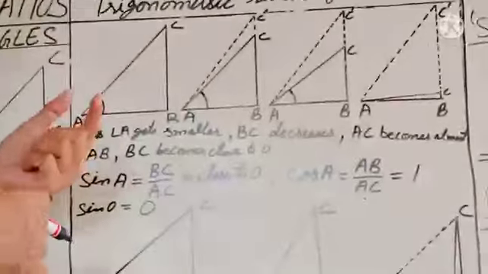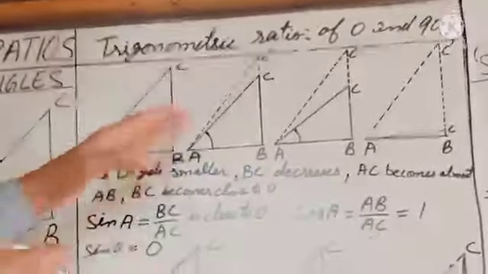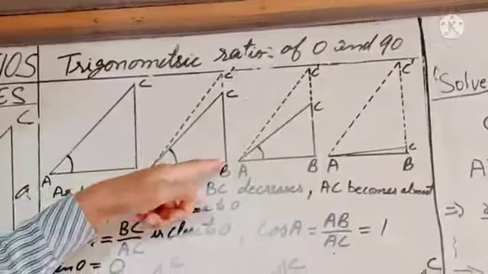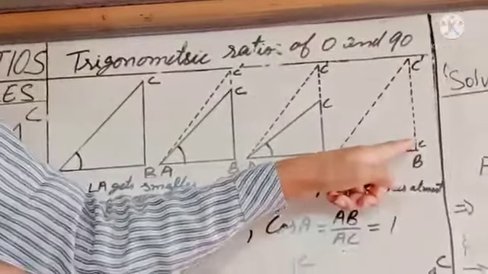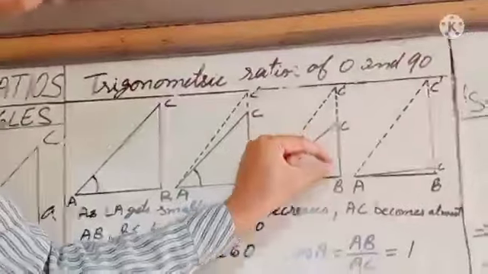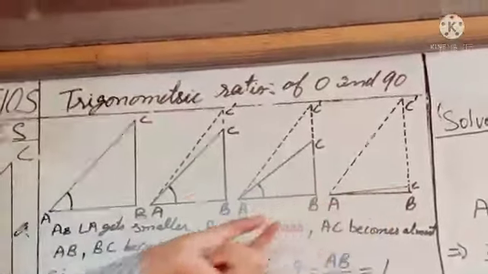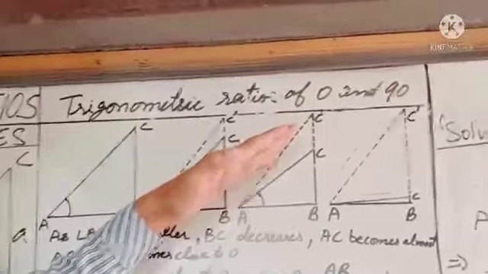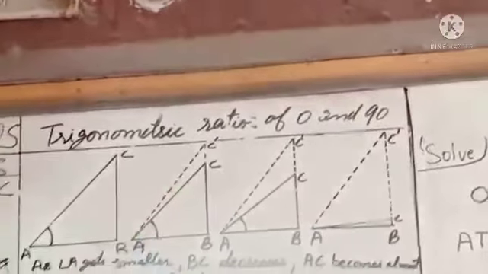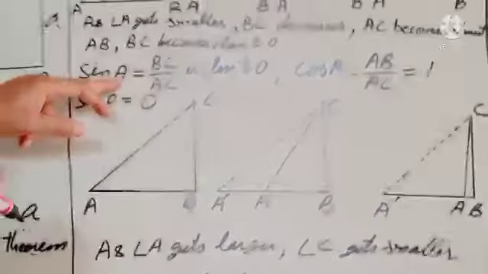And second thing that happens is AC is almost equal to AB when it comes here. Note these two things. As angle A gets smaller and smaller, BC becomes almost 0 and AC becomes equal to AB.